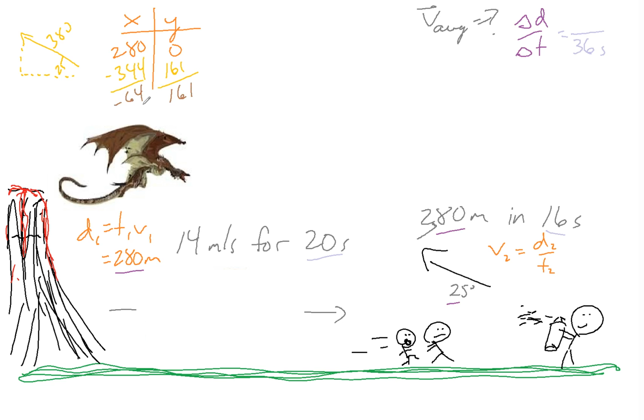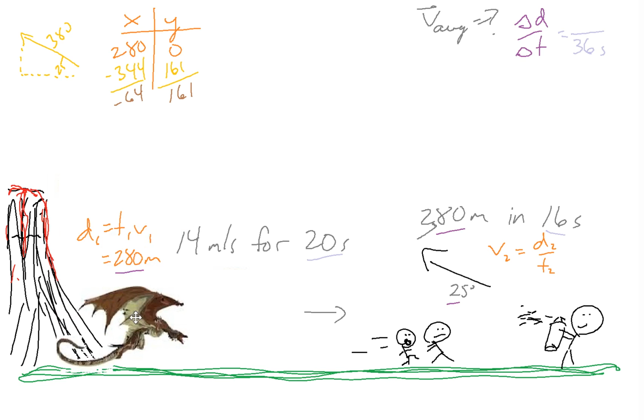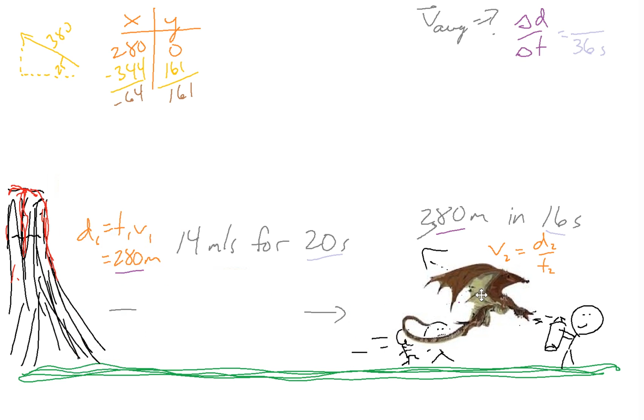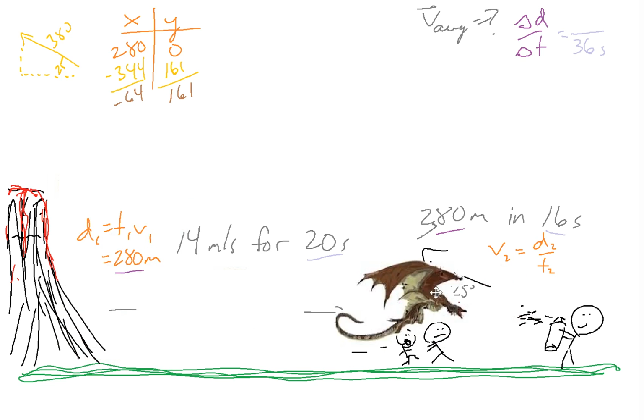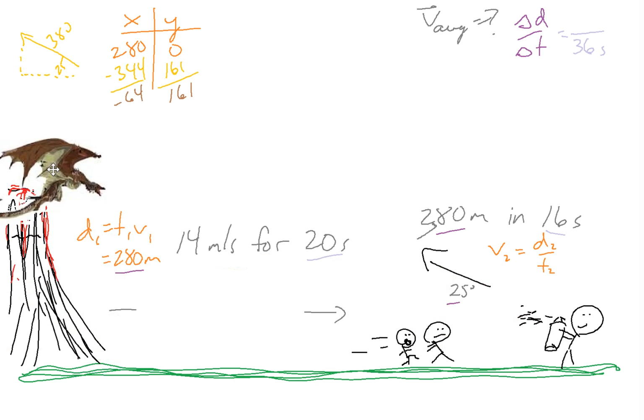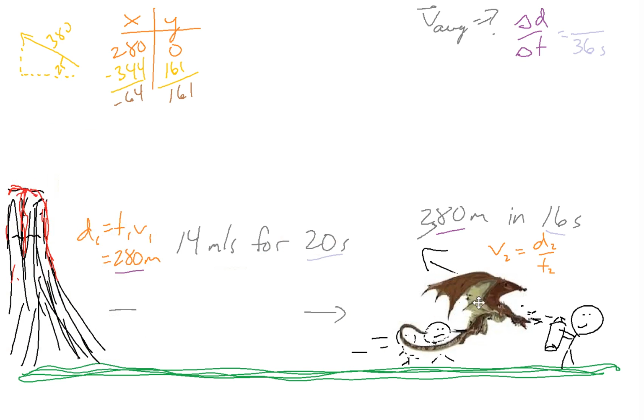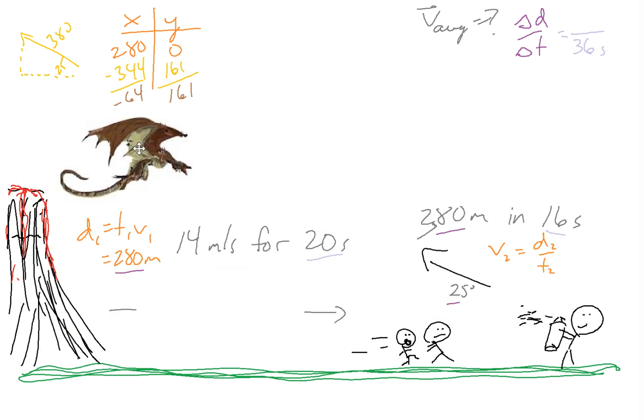So now that I have this, I can use that to make my new triangle. So again, if we laid this out for Mr. Dragon, he went this way, 280, and then he did the equivalent of 344 back and 161 up, or just went 380 diagonally this way. Okay, all right, so let's make the new triangle for my total displacement. So my net displacement is 64 to the left, and then 161 this way.